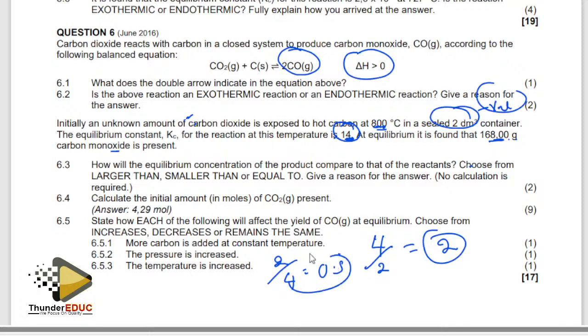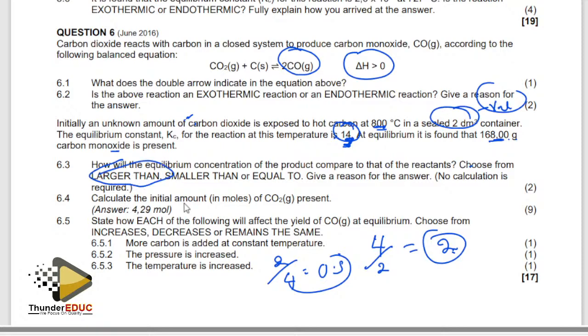So if the product is bigger, then the Kc is gonna be bigger. In this case, you'll find out that the product is big. That's why the Kc value is much higher. Is it clear? Then, the answer is gonna be larger than.